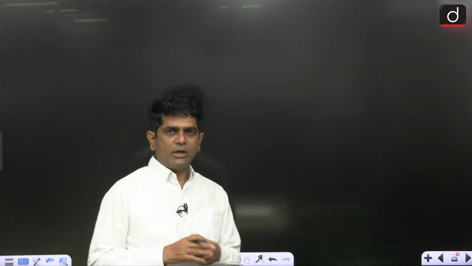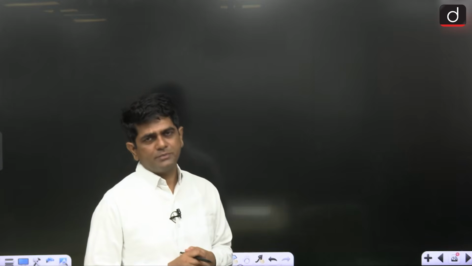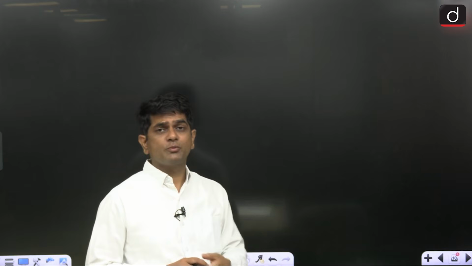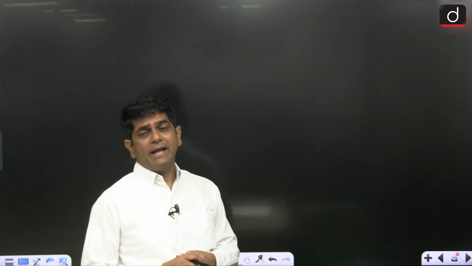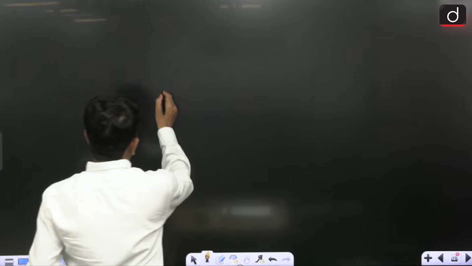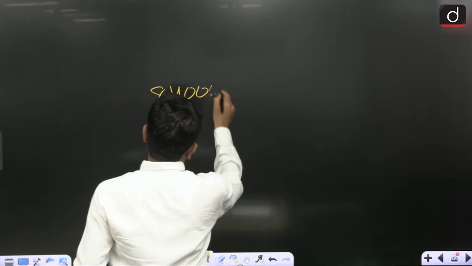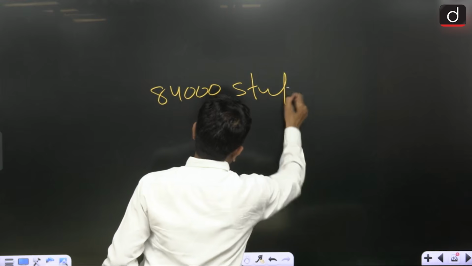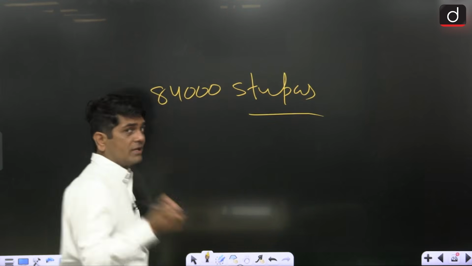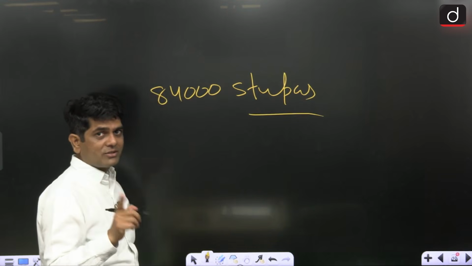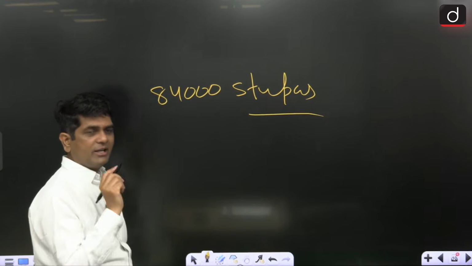Ashoka, according to the Buddhist text, did what? He dug out all those previous 8 stupas and constructed 84,000 stupas. Who constructed them according to the Buddhist text? Answer is Ashoka, the Mauryan emperor.